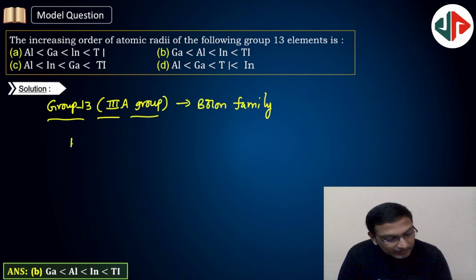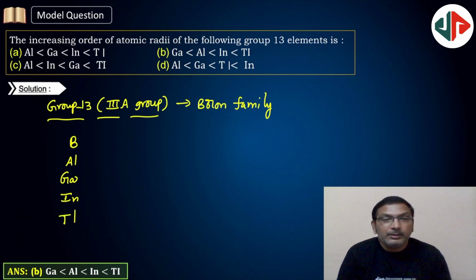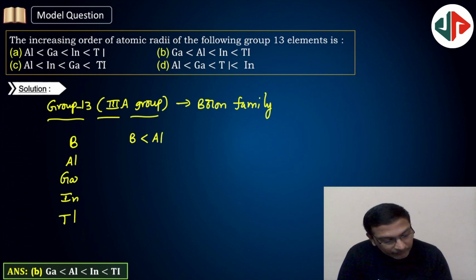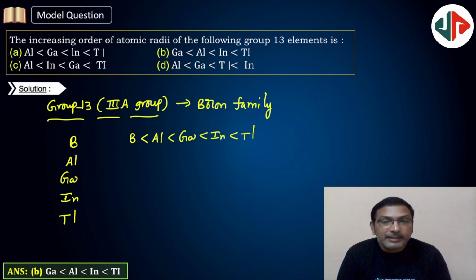The elements are boron, aluminum, gallium, indium, thallium. So atomic radius generally increases from top to bottom in any group. That means boron, aluminum, gallium, indium, thallium. So this is the expected order.